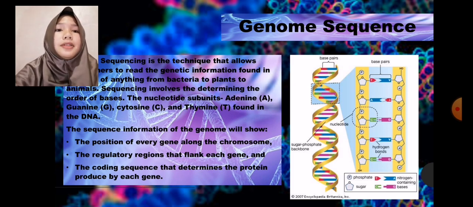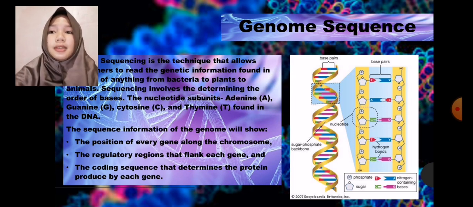Sequencing involves determining the order of bases, the nucleotide subunits: adenine, guanine, cytosine, and thymine. So the sequence information of a genome will show the position of every gene along the chromosomes. We have a picture in there, and the regulatory regions that flank its gene, and the coding sequence that determines the protein produced by each cell.